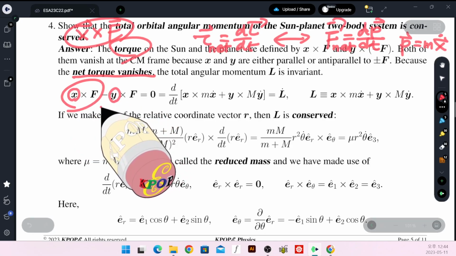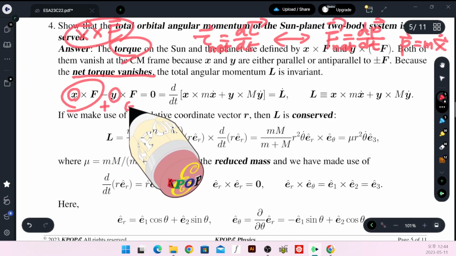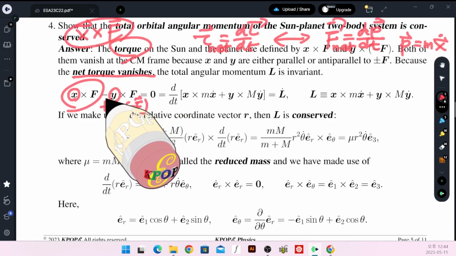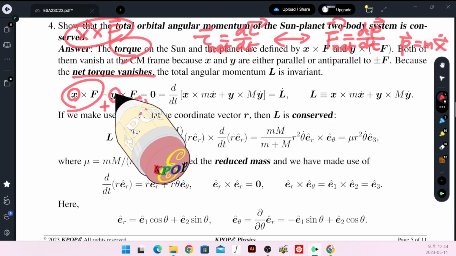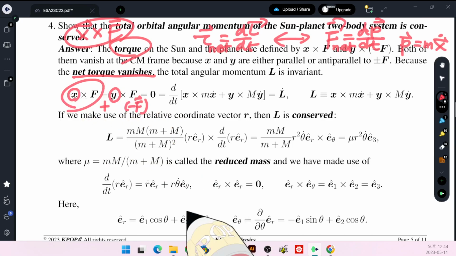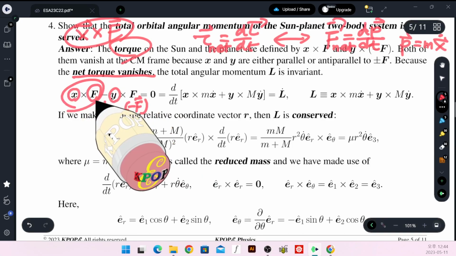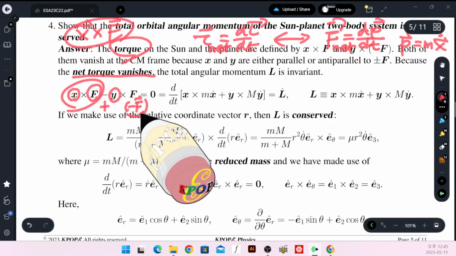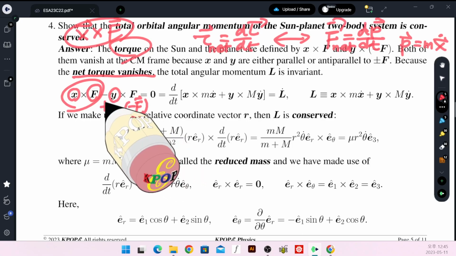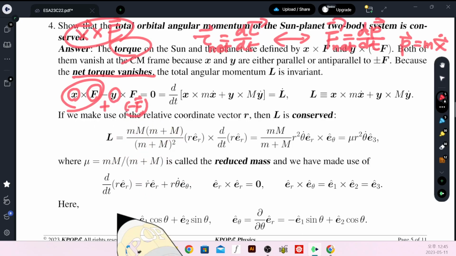And what is the force? This should be plus and minus F. So they are the same. It is not wrong, but I could have written this form to help your understanding, because this force is applied to the Earth and this force is applied to the Sun, and they are equal in magnitude and opposite.